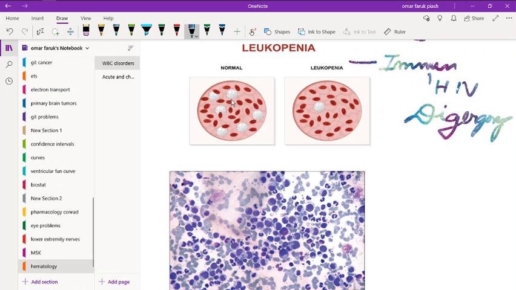So I remember these four causes by IHA. That means immunocompromised person, high cortisol state, autoimmune destruction, and whole body radiation. And in whole body radiation, lymphocyte is the first cell to be destroyed.